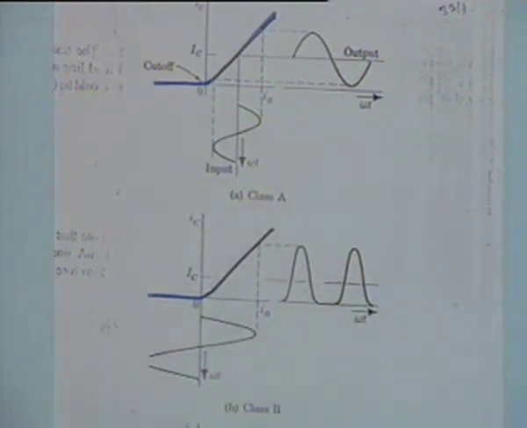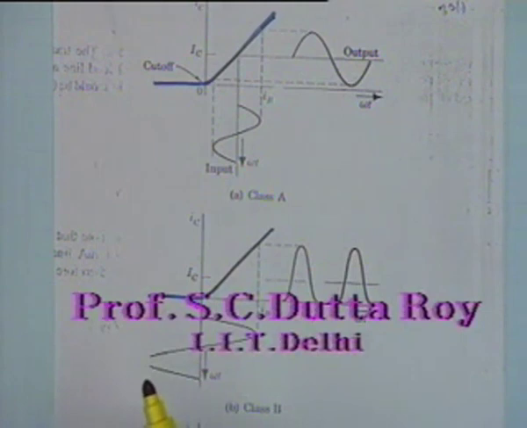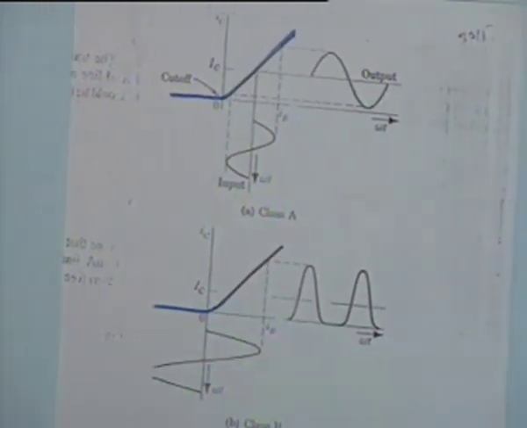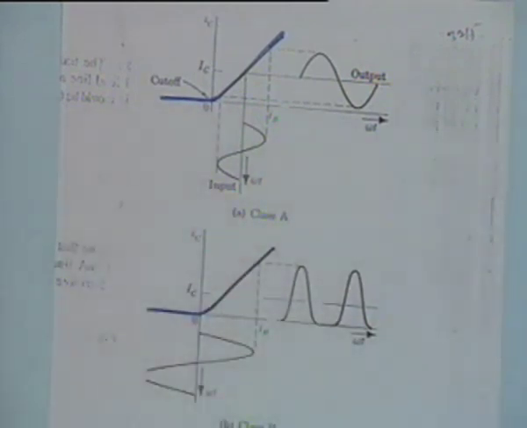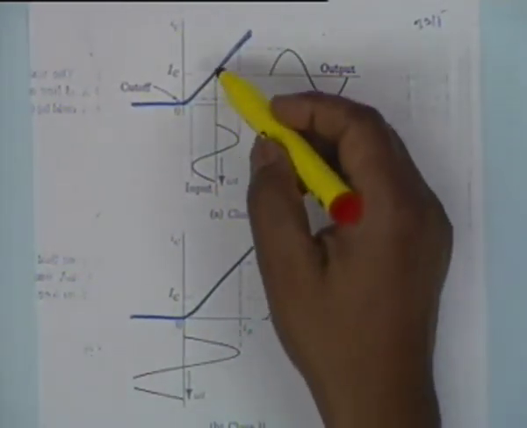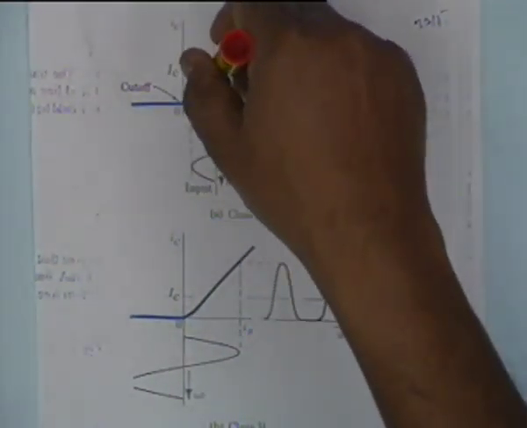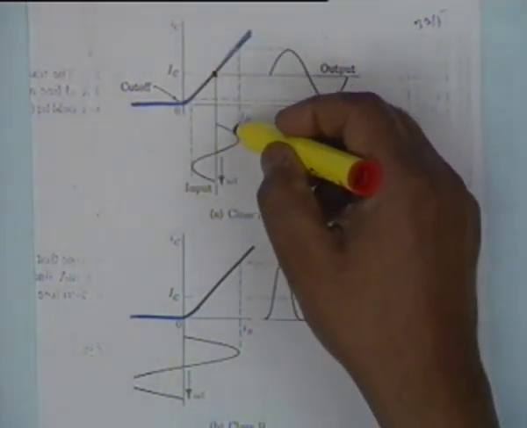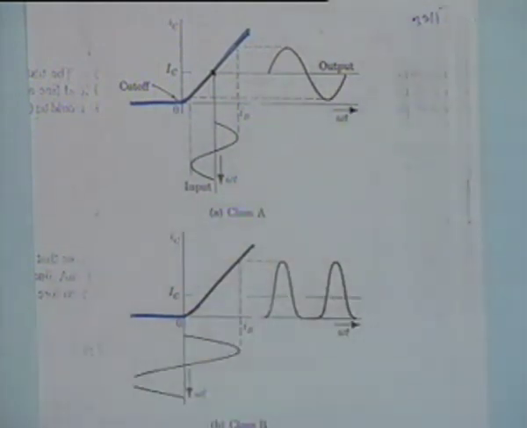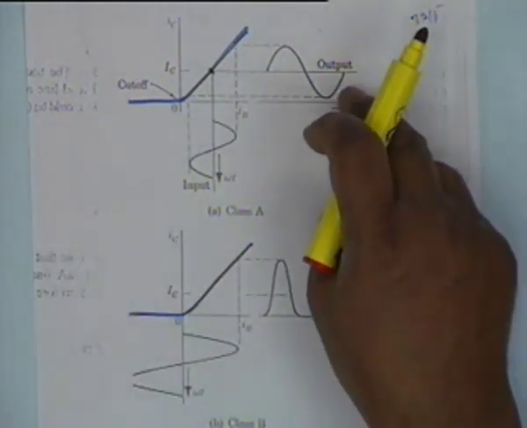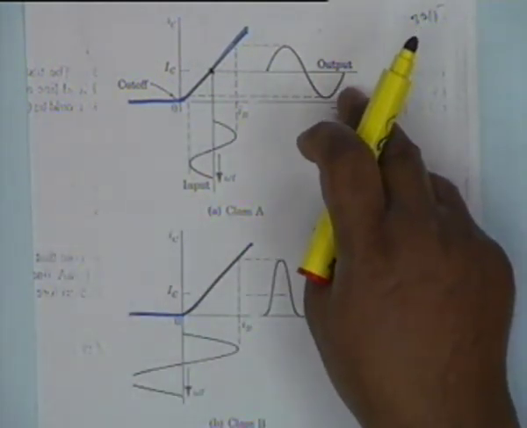We are talking of what kind of transistor? NPN. For PNP it is the other way around, base current has to be negative, it has to go out of the base. So, if this is the Q point, then obviously if the base current varies like this, the collector current varies like this. So the collector current flows for the complete cycle.